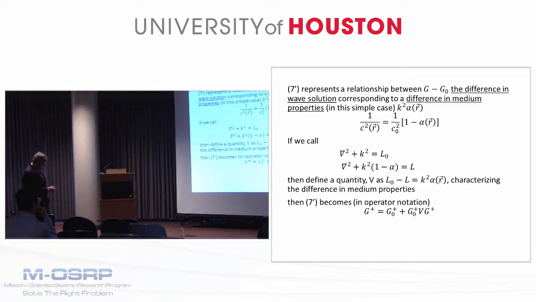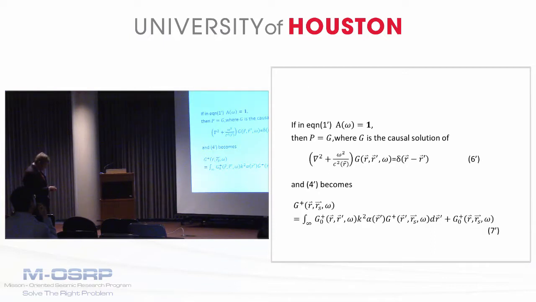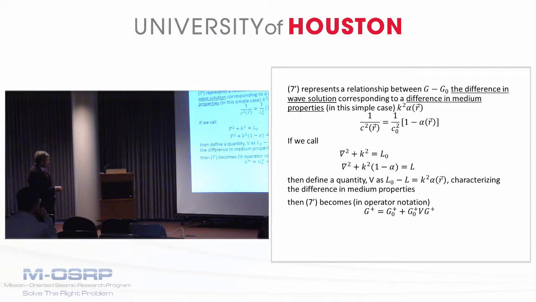So then what you're seeing in this equation, this term here, is what we're going to call a perturbation, V, in a very simple context, yes? And this is, in fact, a heterogeneous media where the velocity varies and the density doesn't. It's that simple, okay? In other words, with the density and velocity both varying, there are more terms, okay? So that leads to this equation here, sort of an operator form.